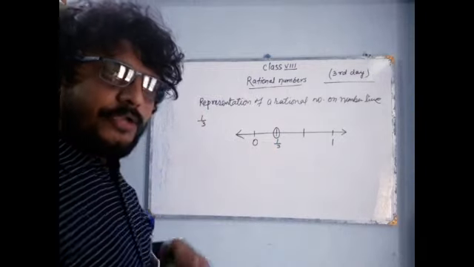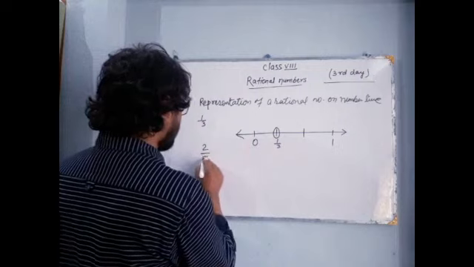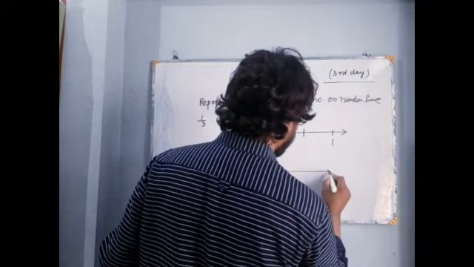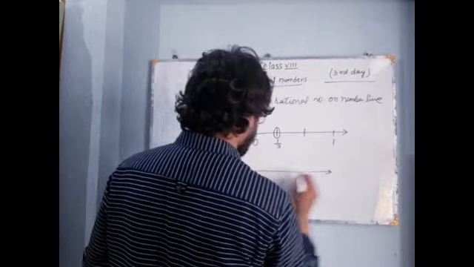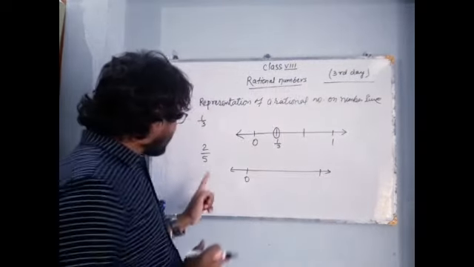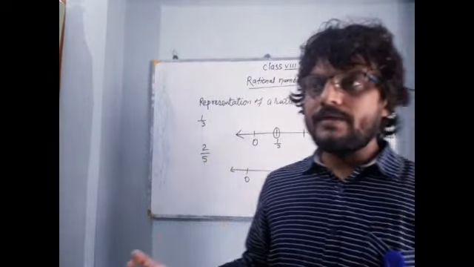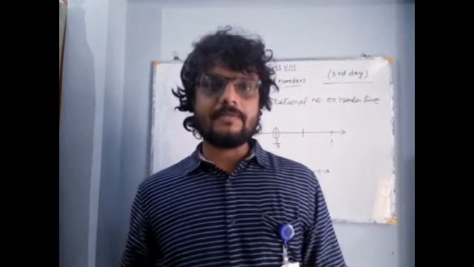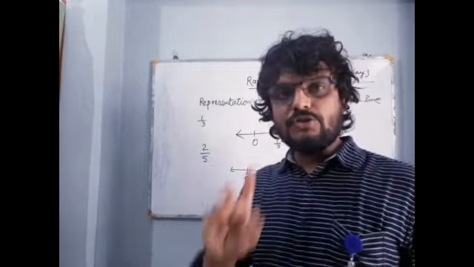Got it? If we have to show 2 by 5, then draw our number line. Since 2 by 5 is positive, we take the right side. At first see that 2 by 5 is a proper fraction, and we all know that the value of a proper fraction is always less than 1. That's why 2 by 5 lies between 0 and 1.